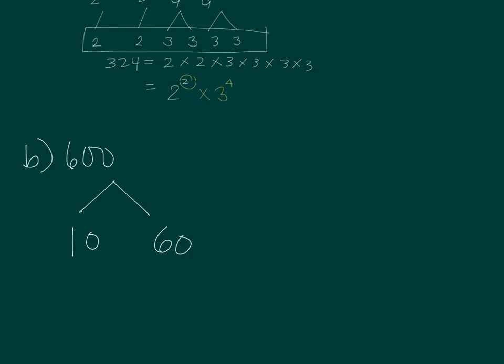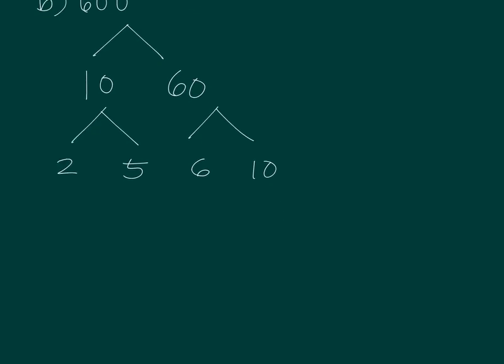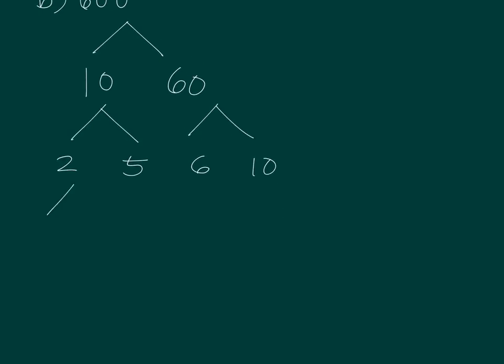In doing so, 10 will become what? 5 and 2. 60 is 10 and 6. That's a new line. Then can we do anything with 2? No, so we just copy. 5 is already a prime number, right?